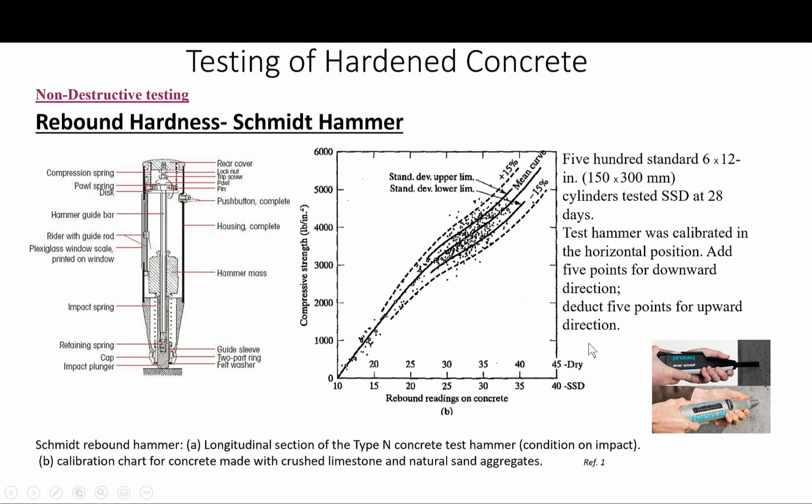Also, based on the moisture condition, whether it's dry or an SSD condition, all this has to be taken into consideration. It's not really easy to calibrate this device for a certain concrete, but it has to be calibrated for that certain concrete. You have to establish a certain correlation or relationship between the values you get from that rebound hammer, the readings, and the strength of the concrete.